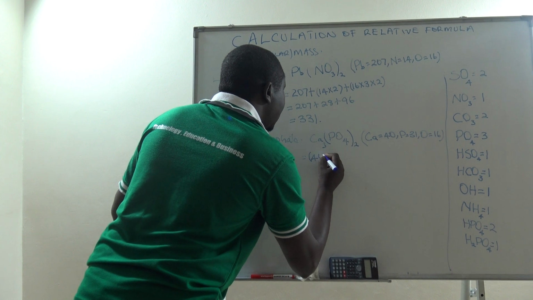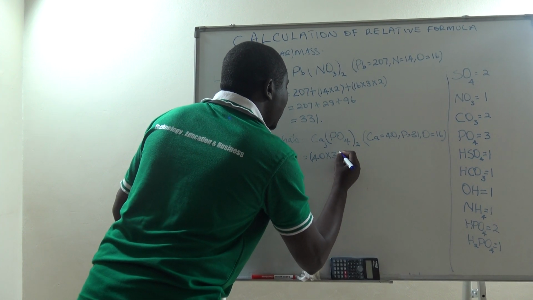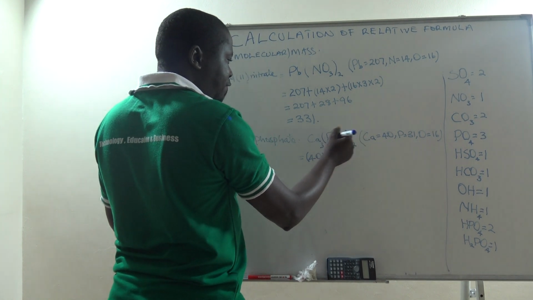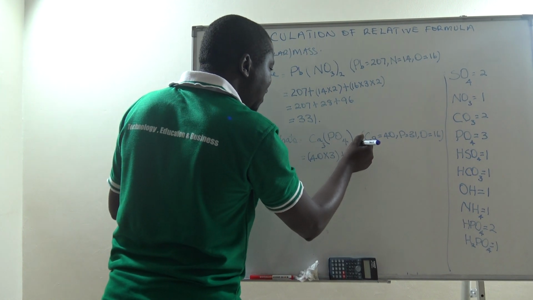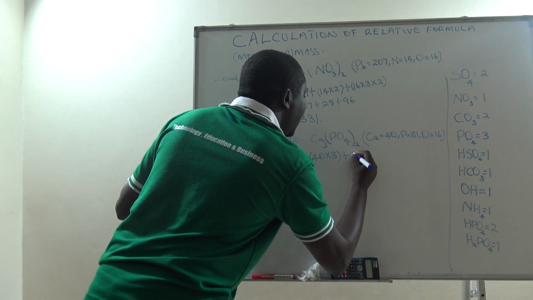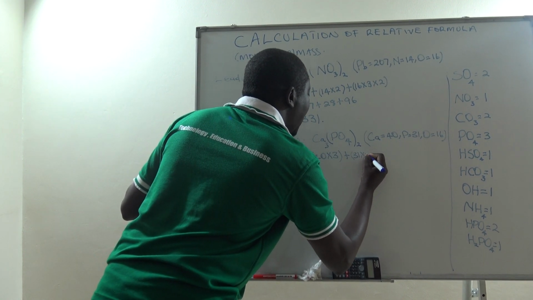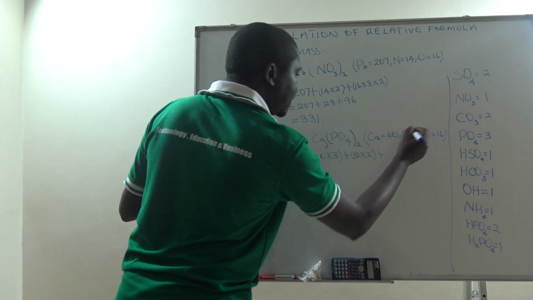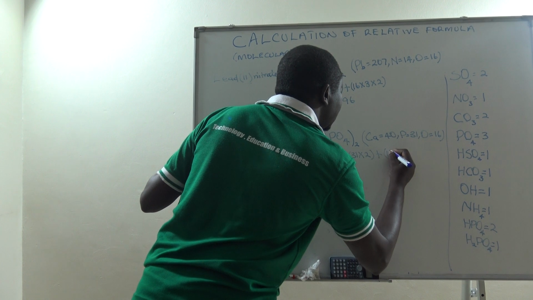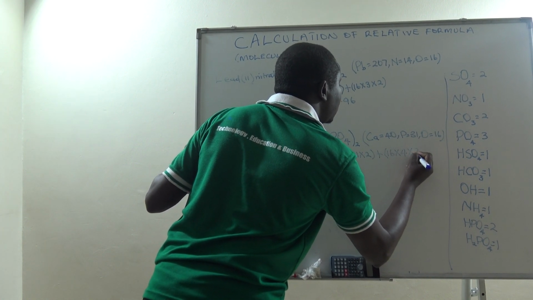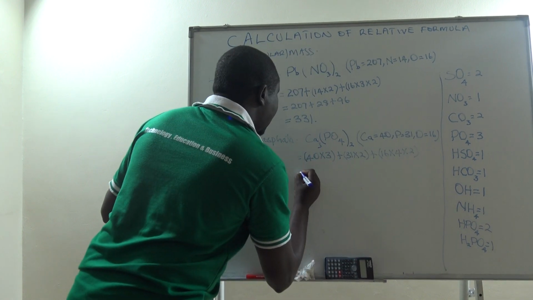So it becomes 40 times 3. We add it to, we come to this. The phosphate is in a bracket and 2 is outside the bracket. So there are 2 atoms of phosphorus. So it will be 31 times 2 plus oxygen, 16 times 4 times 2. So let us see what we get.